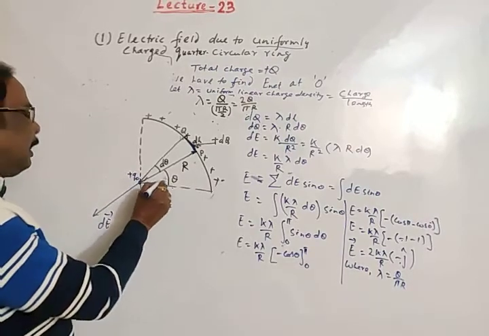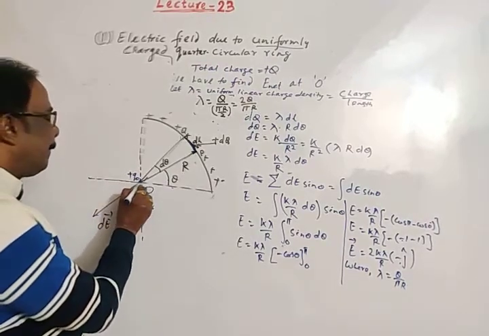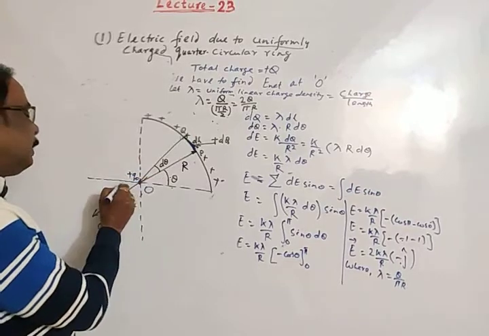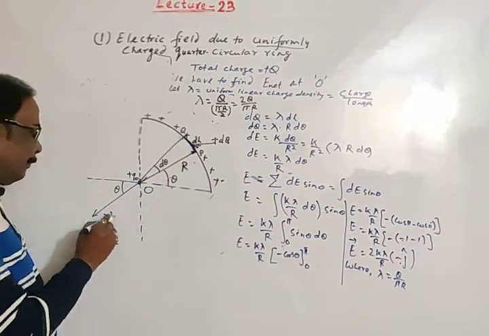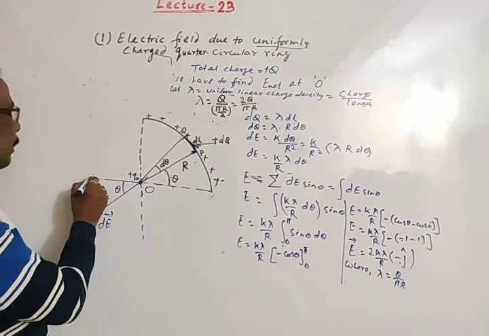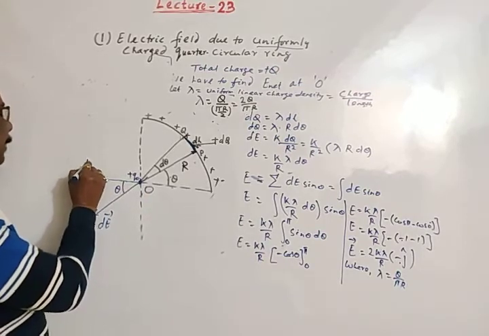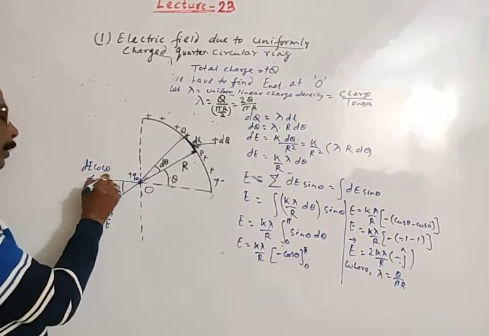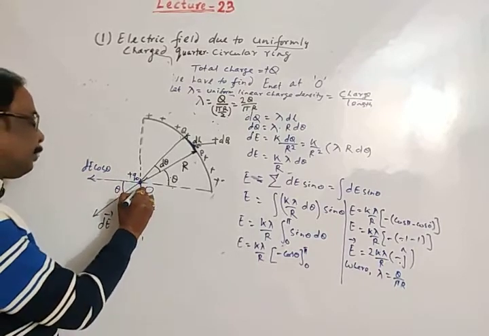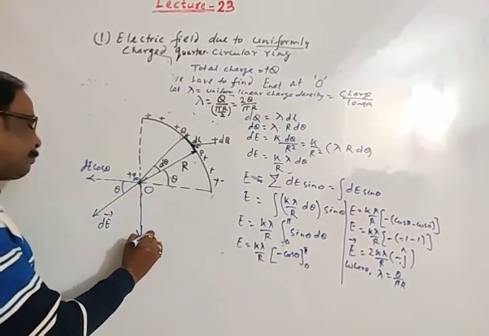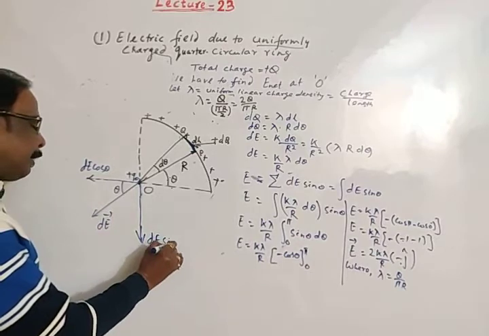If this angle is theta, then obviously this angle is theta. Now resolve dE along this direction: the electric field is dE cos theta along the x-axis, and along this direction the electric field is dE sin theta.